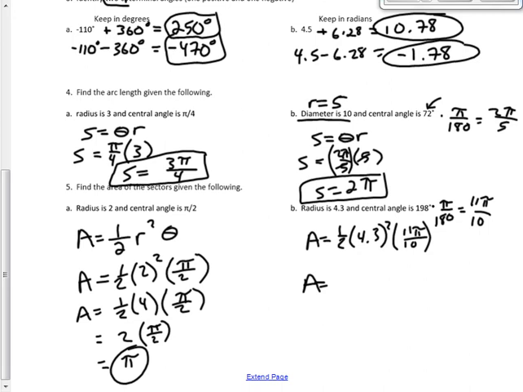4.3 squared is going to give me 18.49. And then just going through, half of 18.49 is 9.245.